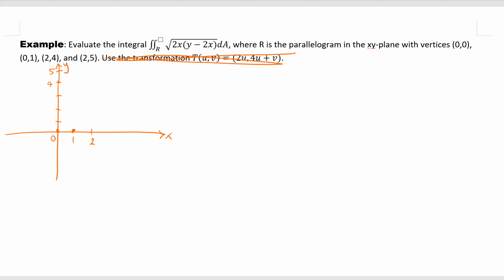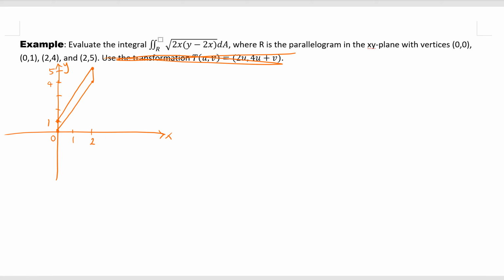Then we have (2, 4). Sorry, this is (1, 0); we need (0, 1). (0, 1) is right here, and then (2, 4) and (2, 5). This is the parallelogram.